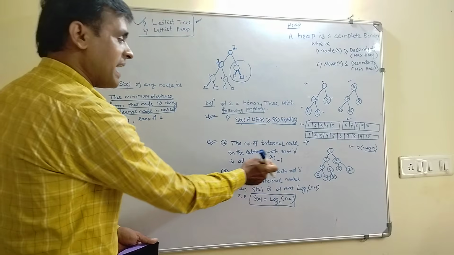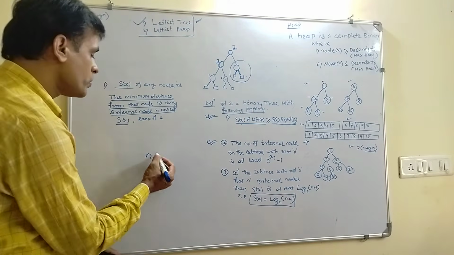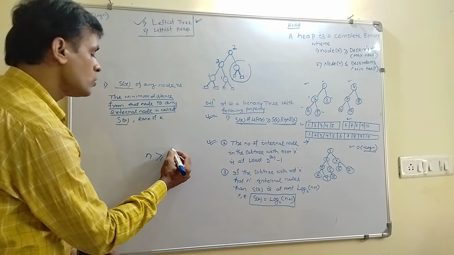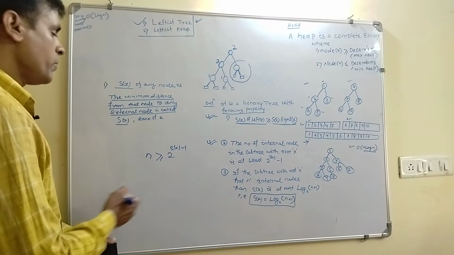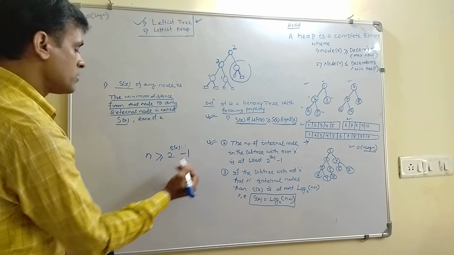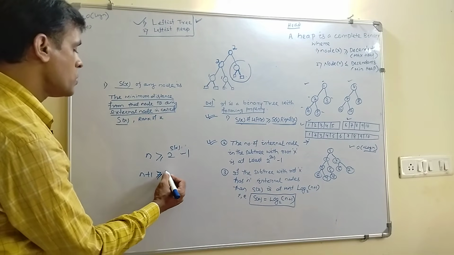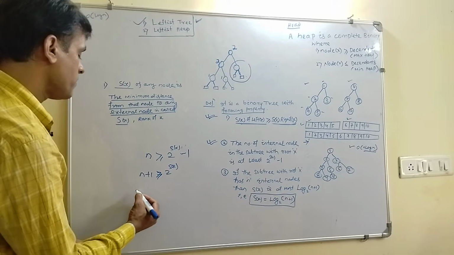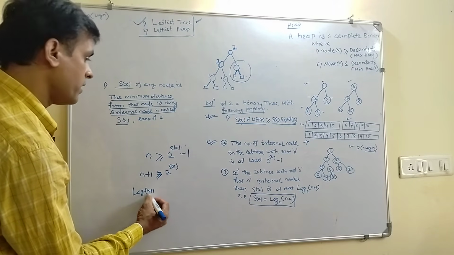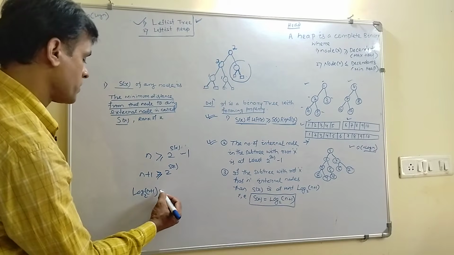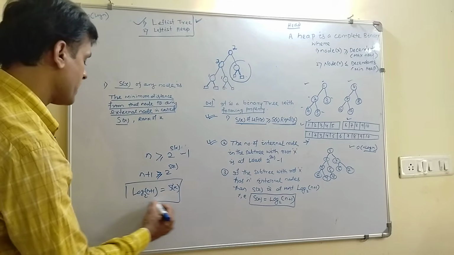So n is greater than or equal to 2 to the power Sx minus 1. Then if you add 1 to both sides, n plus 1 is greater than or equal to 2 to the power Sx. If you take log on both sides, then log base 2 of n plus 1 is at least Sx. The third property is also satisfied.